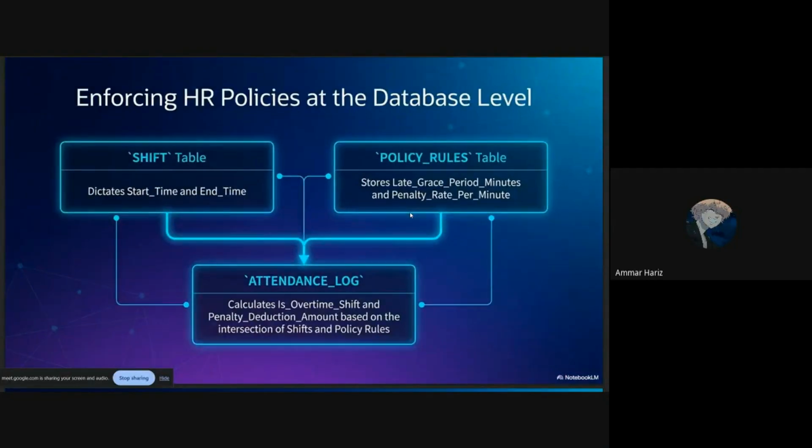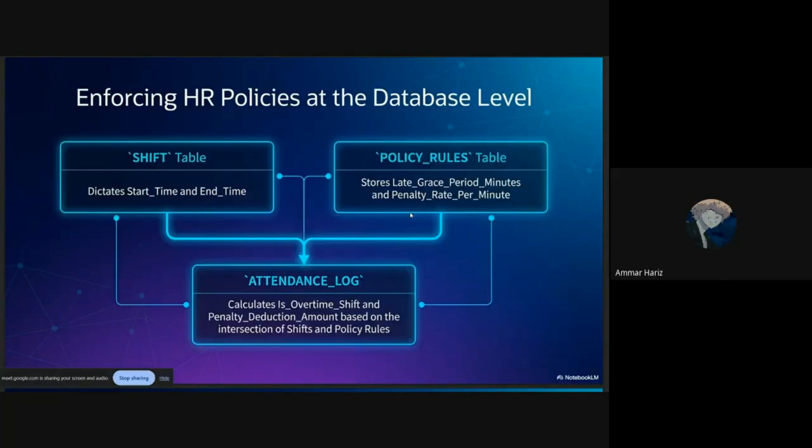To ensure HR policies are properly enforced, we introduce two configuration tables that interact with our daily logs. The shift table dictates the official start time and end time for an employee schedule. The policy rules table stores administrative settings such as late grace period minutes and the penalty rate per minute.